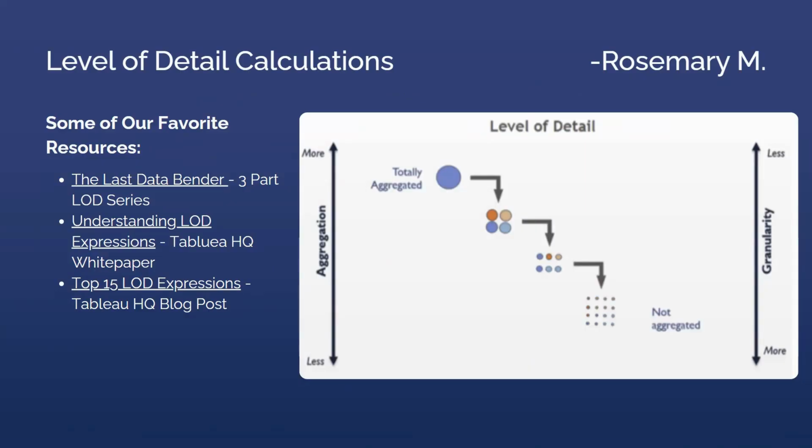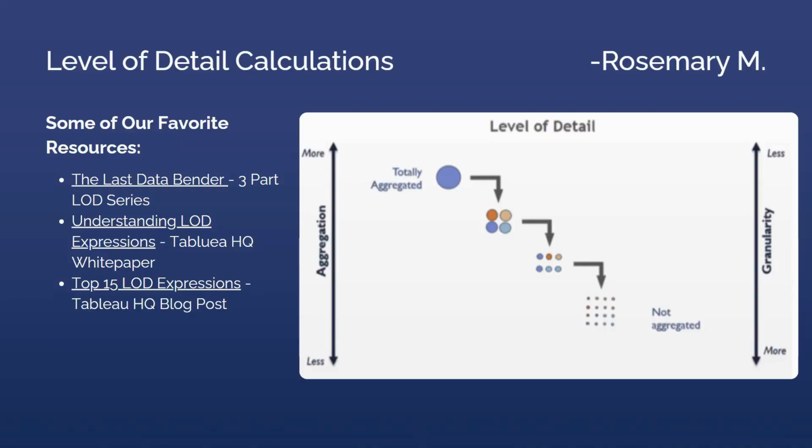So, for example, you have a view that's at the region level and you want to sum up and find an average at the state level. You don't have state in your view, but you want to be able to write that calculation and roll it up to that region level. So the tagline to always remember is writing a calculation at a different level of detail than your view.